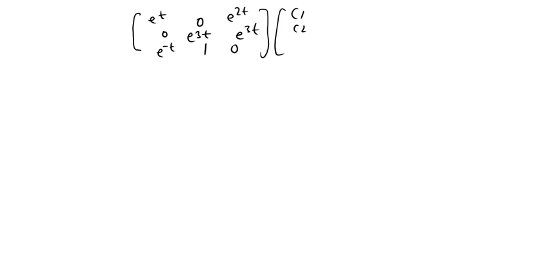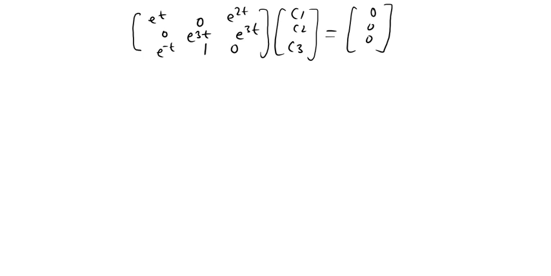We need to show that c1, c2, c3 all are 0. So we simplify this equation and collect the coefficient matrix: first row e^t, second row 0, e^{3t}, third row e^{-t}, 1, and 0, acting on c1, c2, c3. So you can write the above system in this form on any interval a b.